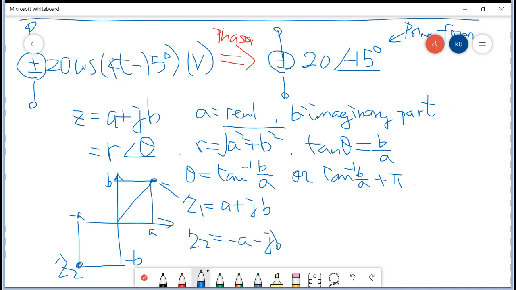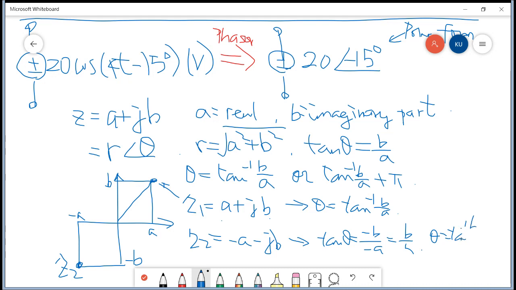Because A and B are positive for Z1, no problem, arctangent B over A. But for Z2, you see that tangent theta is minus B over minus A, which is B over A. So they should be the same, but in this case, theta should be arctangent B over A plus pi.